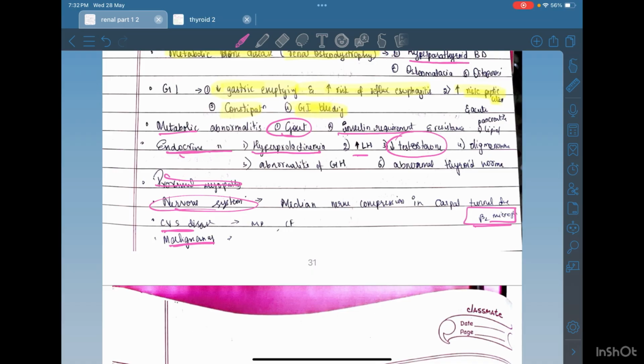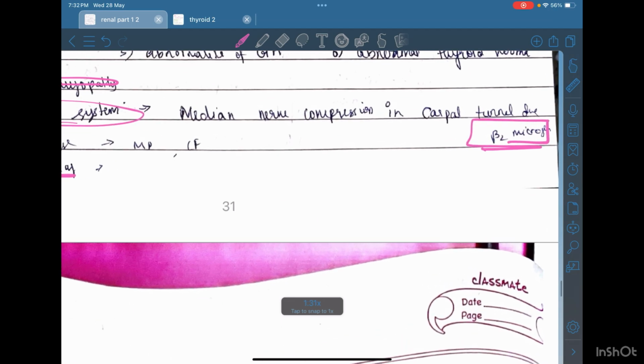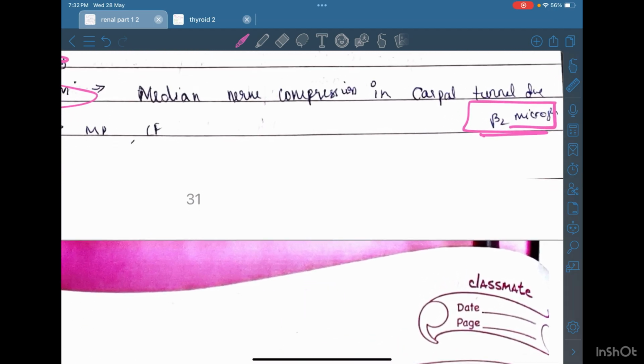Okay, let us revise once again. What are the complications? Anemia of chronic disease, then metabolic bone disease, three things: hyperparathyroid bone disease, osteomalacia and osteoporosis. Then metabolic abnormalities like gout, insulin resistance, hypercholesterolemia.